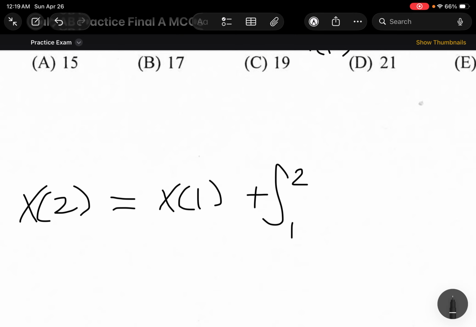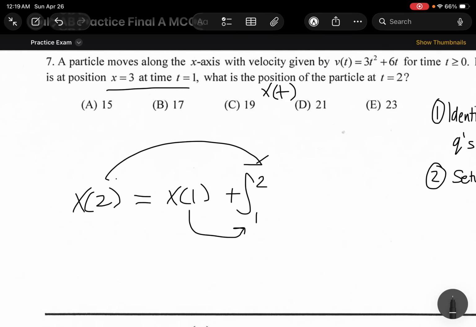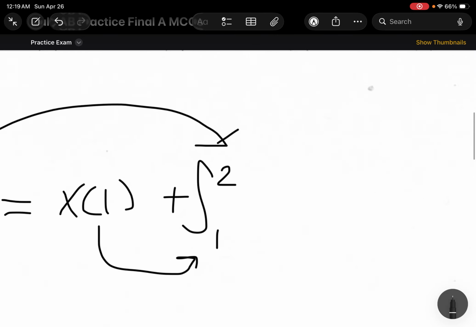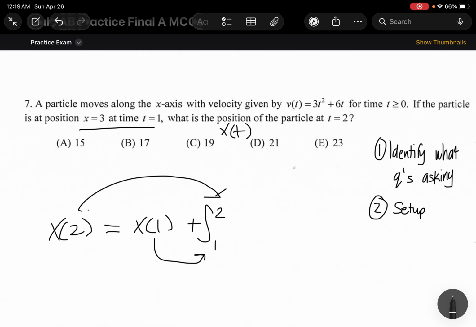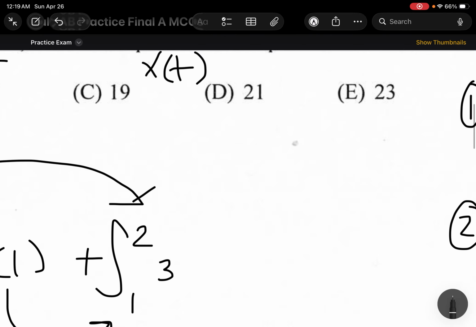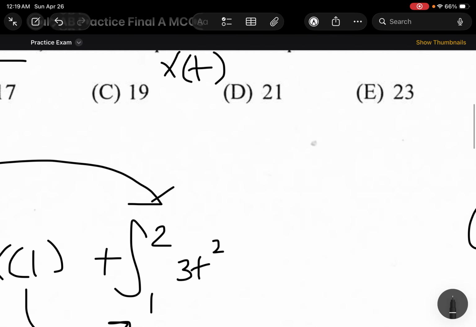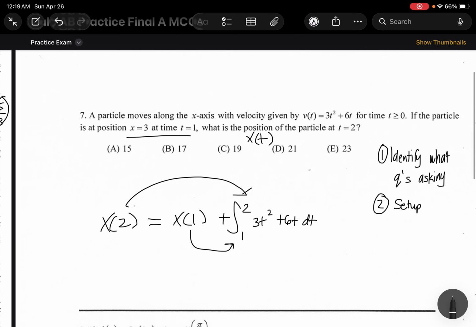Remember that the given value is always at the lower limit, and the one that we're solving for is going to be at the upper limit. So now, v of t dt, but I'm just going to write it as 3t squared plus 6t dt, since we're not allowed to use a calculator.